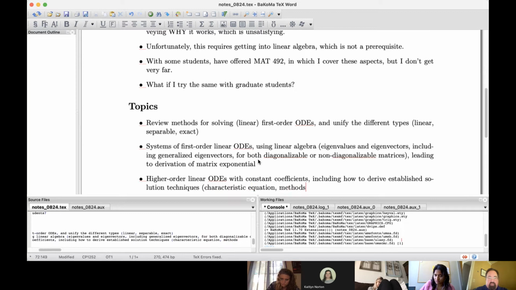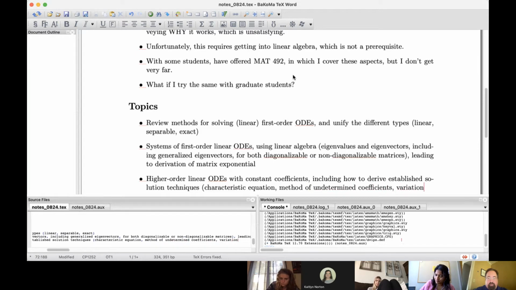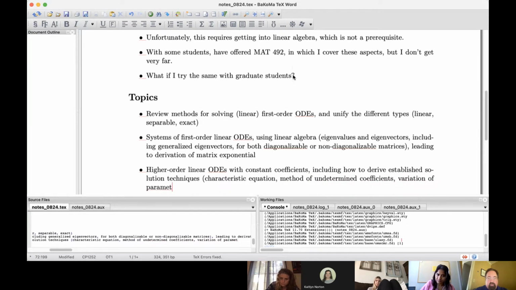Also, methods that you would have learned in a class like Math 285, such as method of undetermined coefficients, and also variation of parameters. Because with these kinds of techniques, especially method of undetermined coefficients, what you're taught is, okay, if this is your ODE, here's how you proceed. And there's no explanation as to why what you're given works.